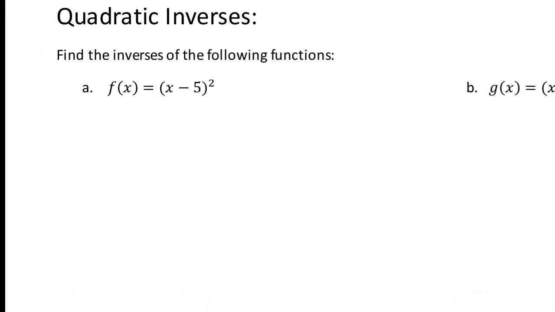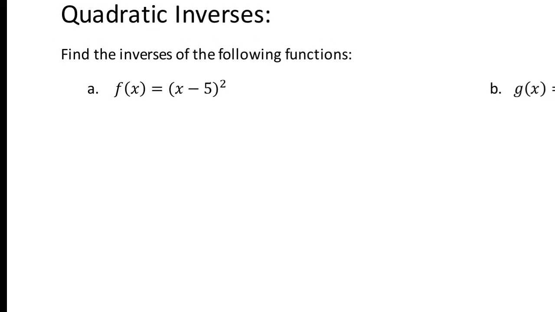All right, so quadratic functions. We have f of x equals quantity x minus 5, quantity squared. Before we do any inverses, I have to have an x and a y.